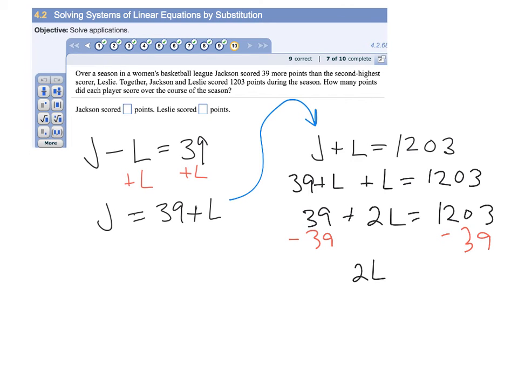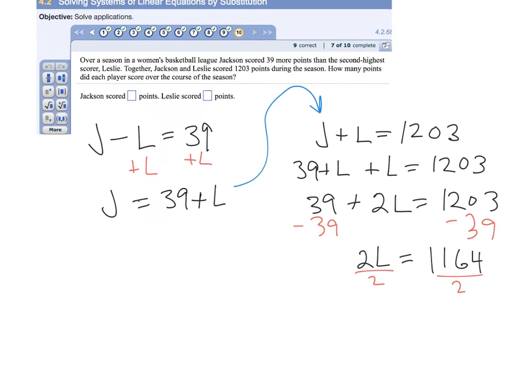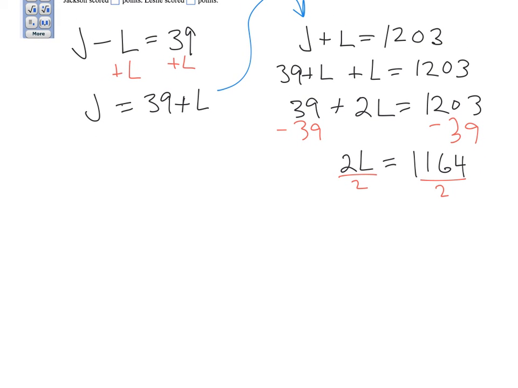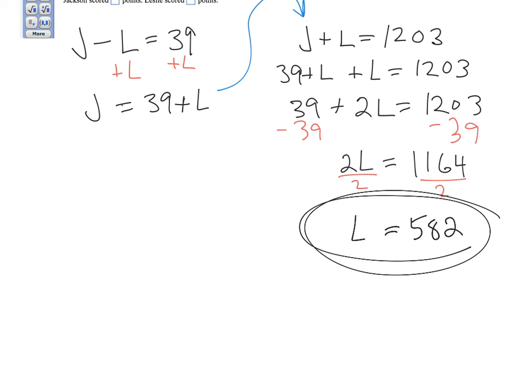So you end up with 2L is equal to 1,203 minus 39, and that equals 1,164. Now we're going to divide both sides by 2. And that means L is equal to 582. So Leslie is 582.